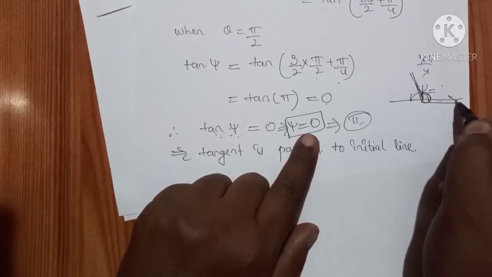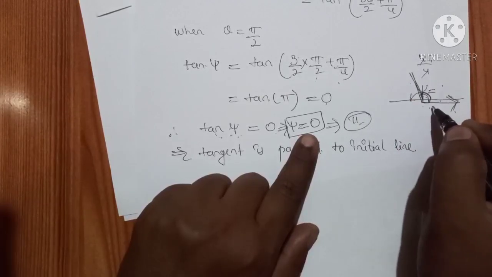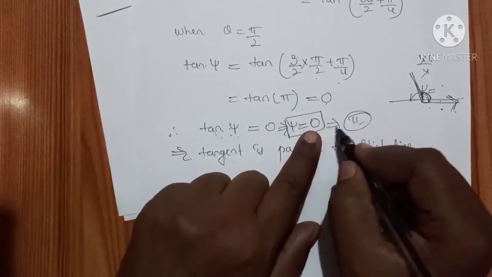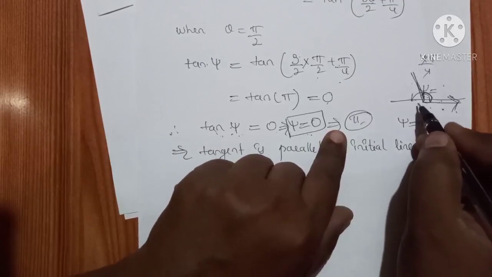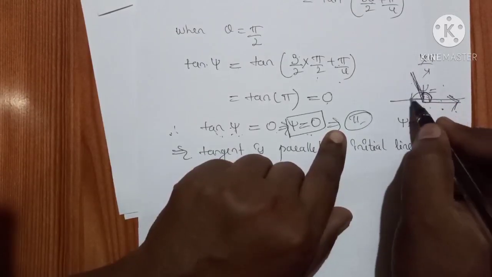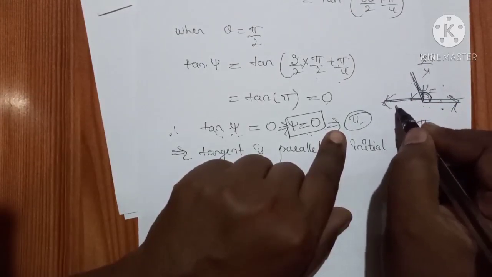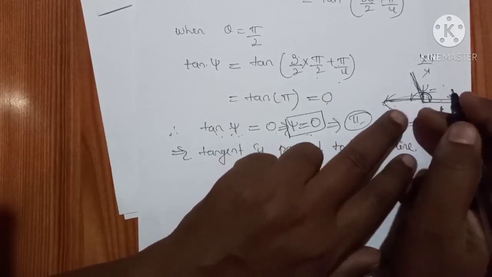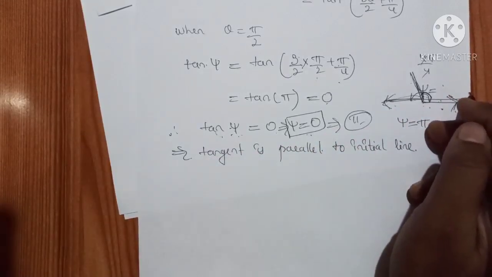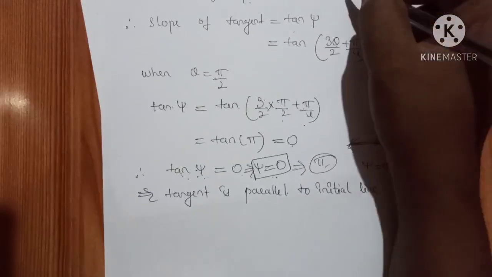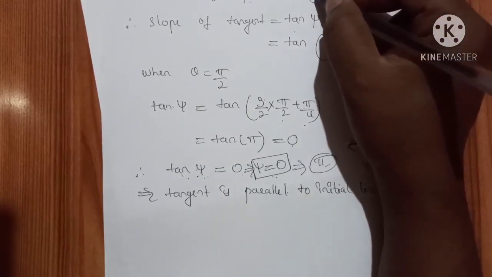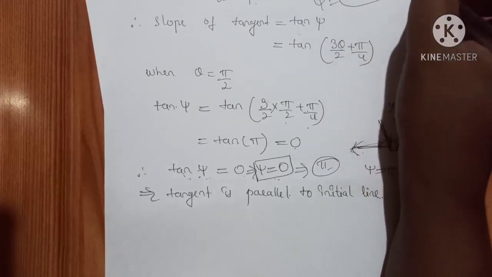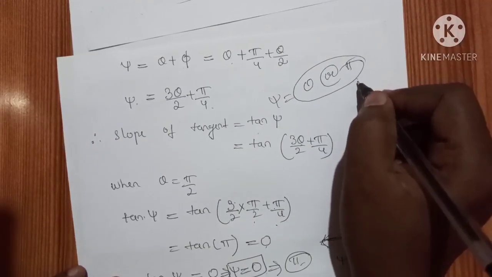That means it is parallel to the initial line. Suppose if we have psi equal to pi, then also this tangent lies on this axis, so also we can say that it is parallel to the initial line. If we are getting either 0 or pi as the psi value, then we can say that it is parallel.